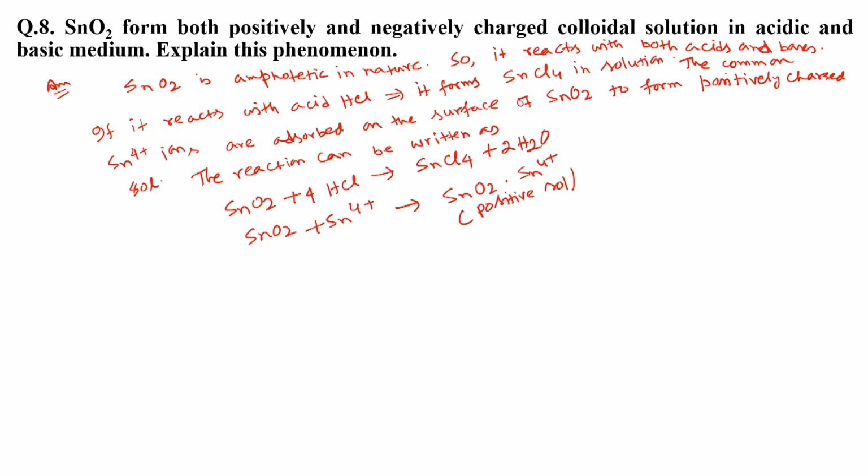Now, SnO2 is amphoteric, so it reacts with both acids and bases. We discussed acids, when it reacts with acid HCl. Now we discuss when it reacts with base, NaOH suppose. If it reacts with base NaOH, it produces sodium stannate.